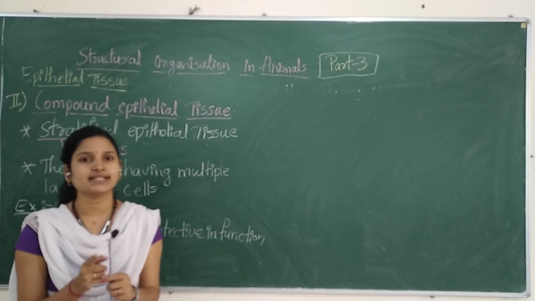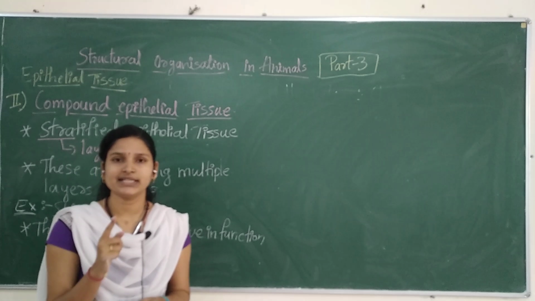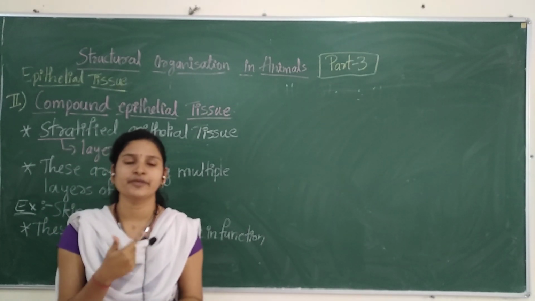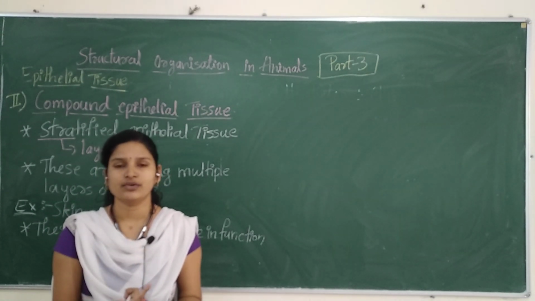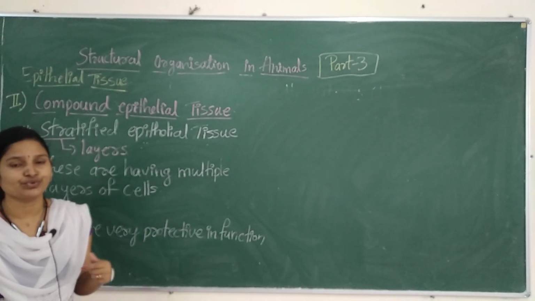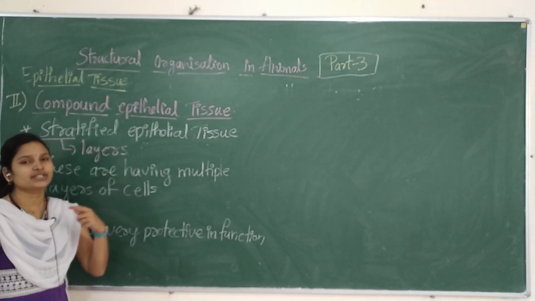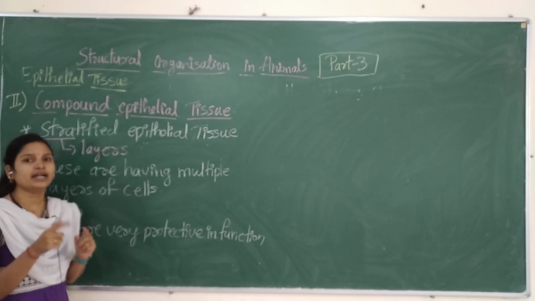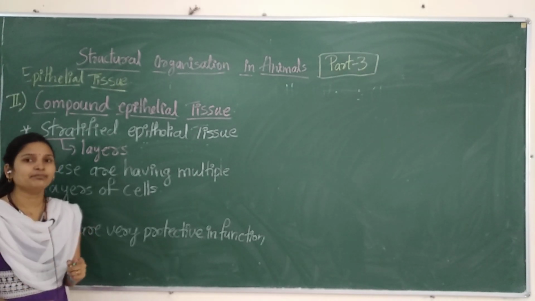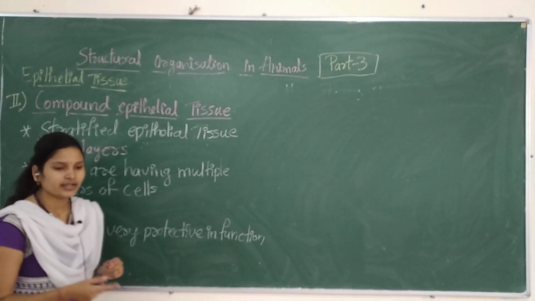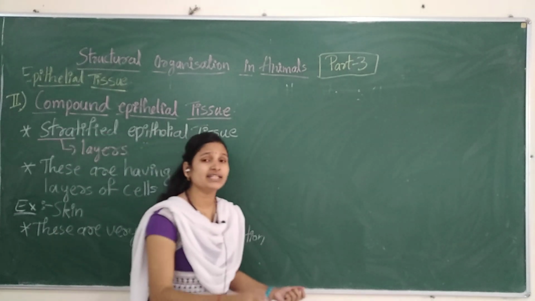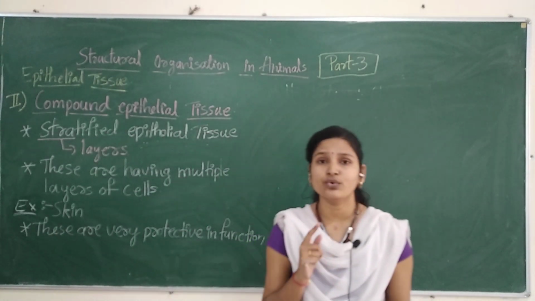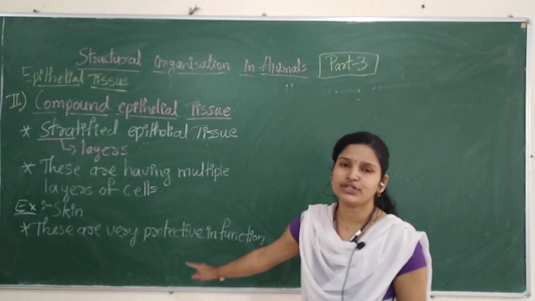There will be simple epithelial tissue there because these are secreting saliva. Simple epithelial tissue is mainly helpful for secretion and also filtration, but the only and very important function of compound epithelium is protection.